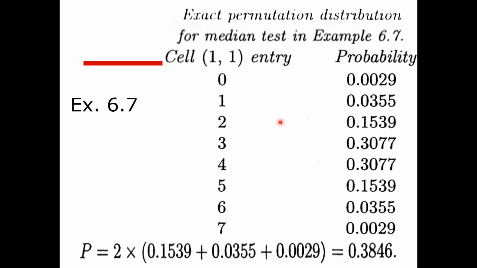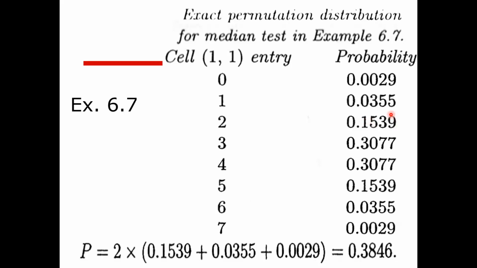There can be different combinations of C and D. When A equals 2, B should be, for our example, 5, right? But C can be any value, and D can be any value. D can be the sample size of sample 2 minus C, right? So considering all those combinations, here is the probability of the sum of all those combinations of C and D. So this is the permutation probability.